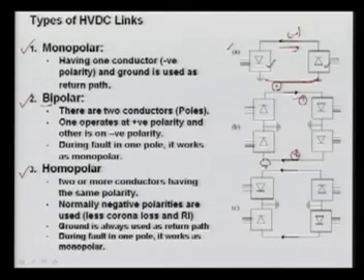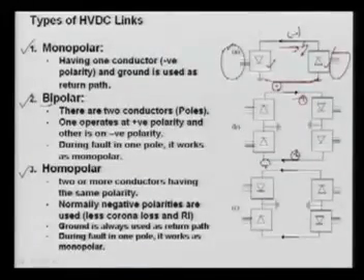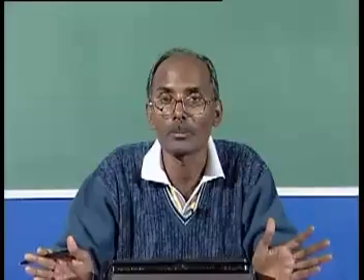During a fault in one pole, it works as a monopolar. The main problem here: if there is a fault in this line, you have to isolate the fault and stop the operation of this HVDC link, and the two areas are not transmitting power over these lines. So completely you can say chaos and the system will be unreliable.